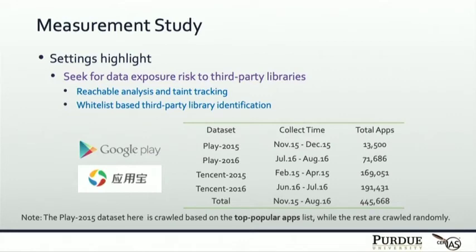Note that in this study, instead of detecting privacy leaks to the network, we only looked at leaks of sensitive data to third-party libraries from the app. This is because once we identify that an untrusted library obtains this private data, it often can manage to send out the data through any kind of covert communication channel.